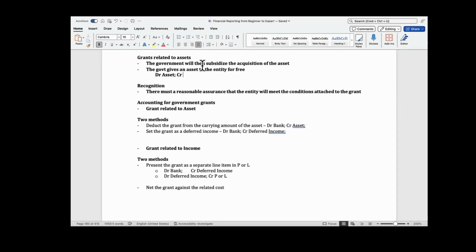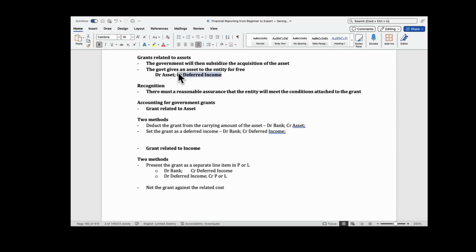So, what is it? Deferred income. That's correct. Thank you very much. It's deferred income. You credit to deferred income. So systematically over the useful life of the assets, you'll be transferring this deferred income to P&L gradually.